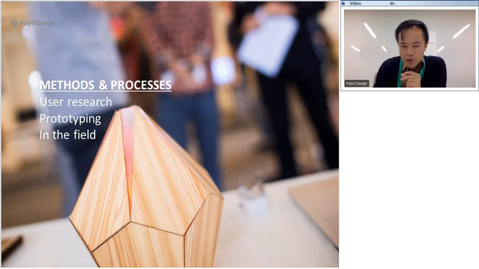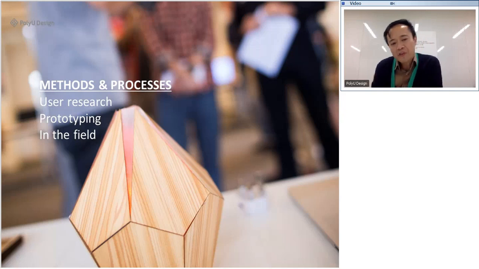So the first thing, of course, is to study people and try to understand people, what we call user research. Then they might need to make things, and prototyping is one of the important steps.